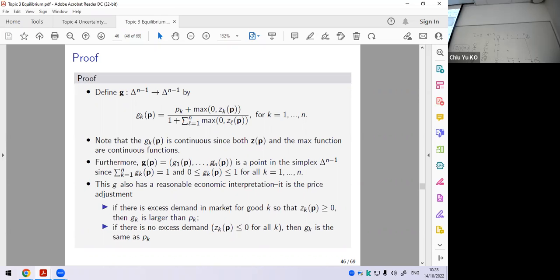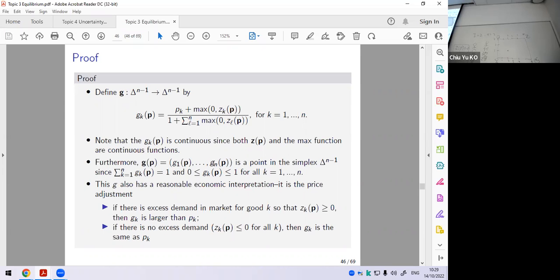You give me the price, and they give you another price. You can imagine that. And why is this new price better than the old price? Why is it an adjustment? The reason is, if there's excess demand, that means Z is positive, because Z is the Marshallian demand minus the endowment. There's excess demand.